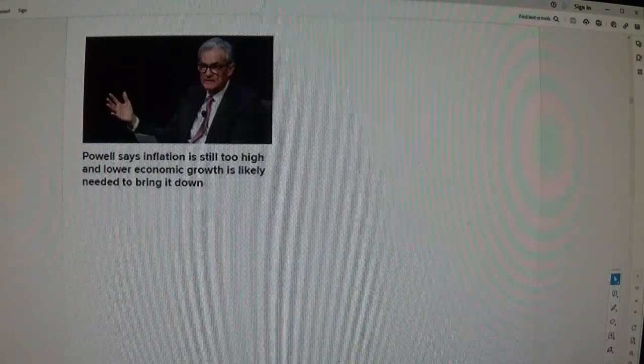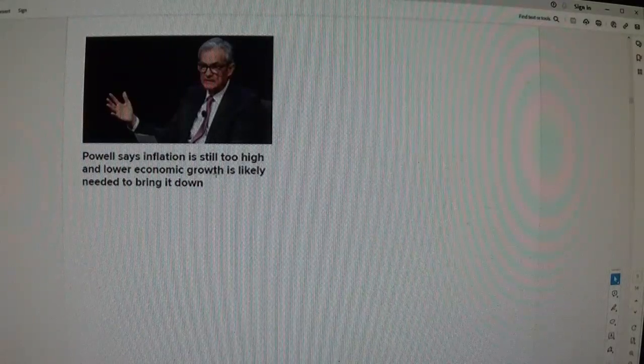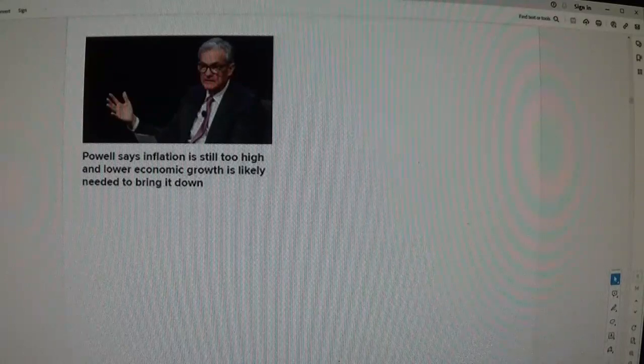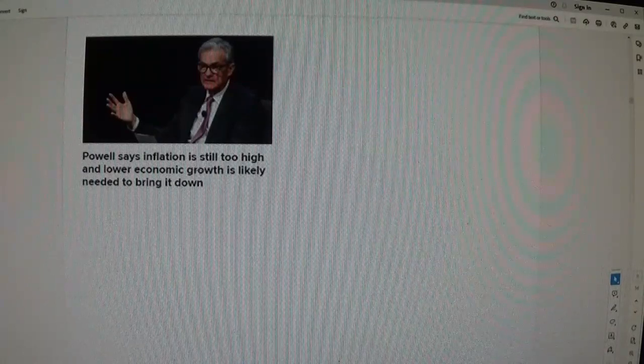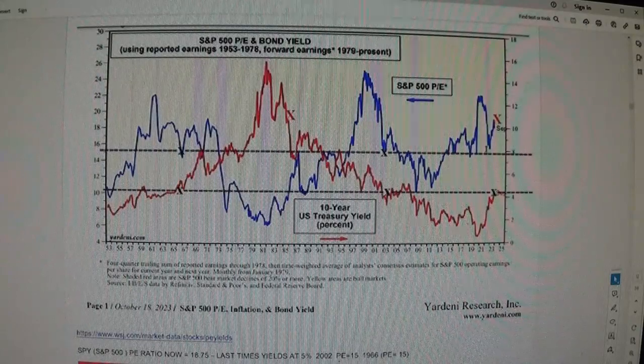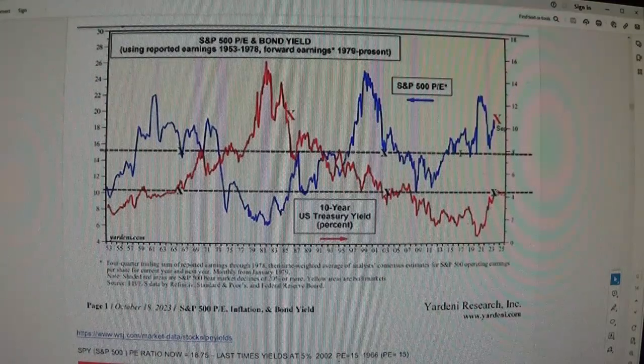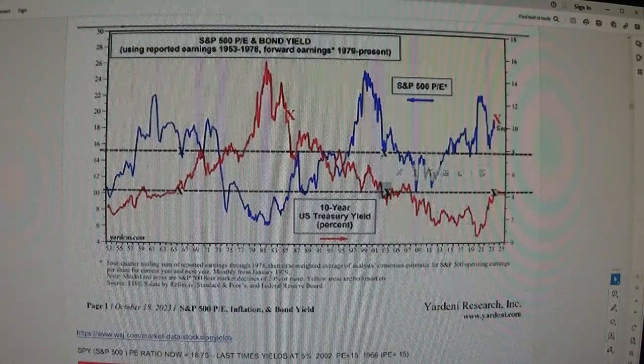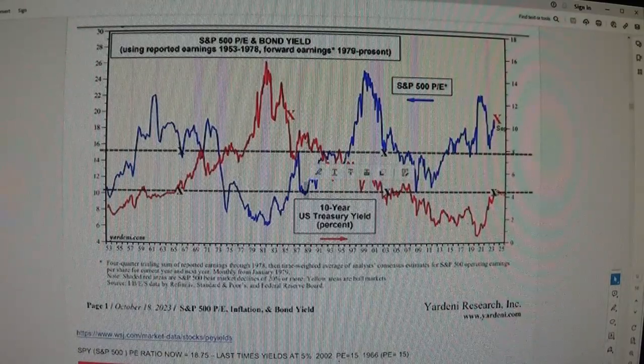And we saw our graph, so we know the inverse correlation of rates and what people are willing to pay for stocks. So we're going to keep our eyes on this every week now, because what I did was put an X next to every time that we had the same rates that we did in the past.